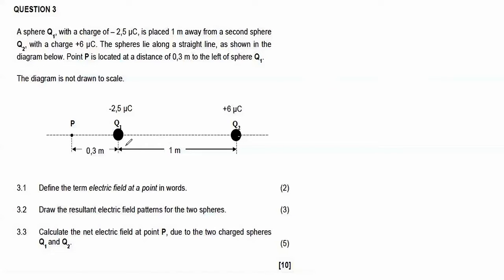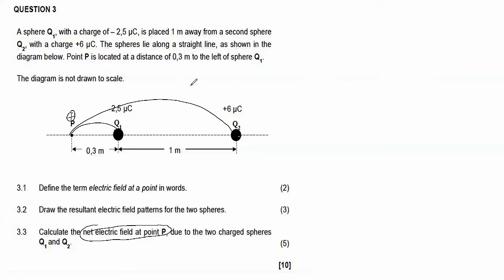To calculate that one, we know that the net electric field at point P is always in reference to that point charge. So that means we take Q1 in reference to that P and then Q2 in reference to that P. So always the electric field is in reference to the positive point charge. Remember, this is a positive point charge.